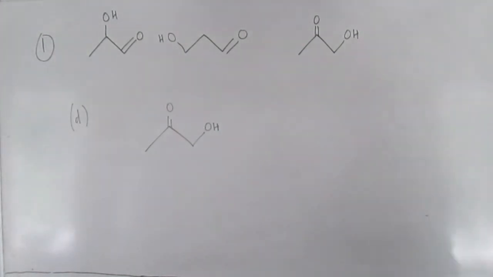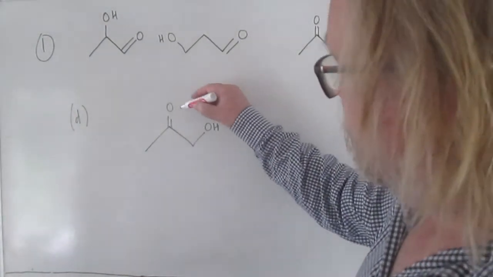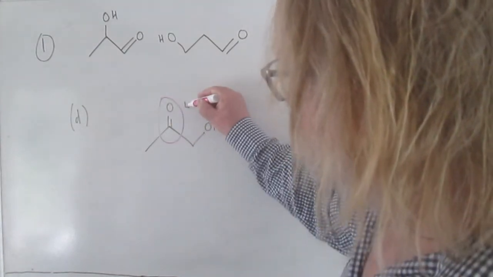Part D asks us to give a name to this compound. This was a mean question because we haven't probably come across this issue before, but it's a good place to learn it anyway. The problem is that that group is a ketone.